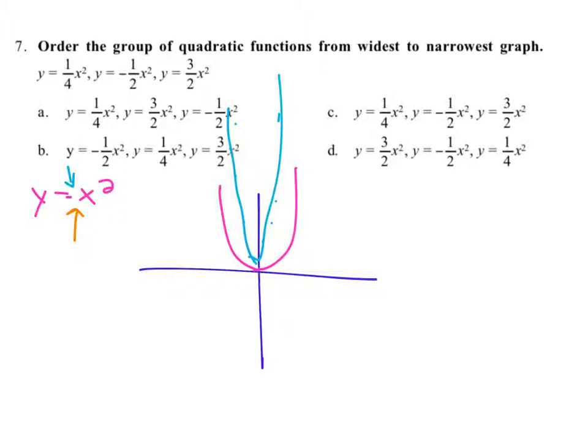Likewise, and I'm going to do this in green, if we took the parent function and cut it in half, let's say instead of the parent function we had the new equation y equals 1/2 x squared, then what you're saying is wherever you'd go over and normally go up to x, now you're only going to go halfway.